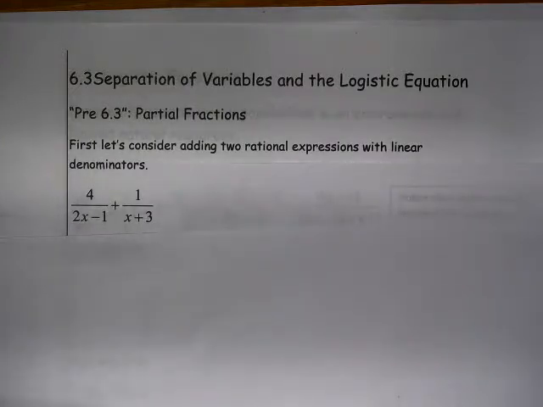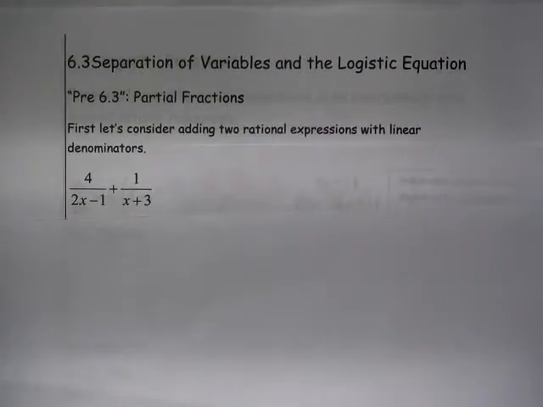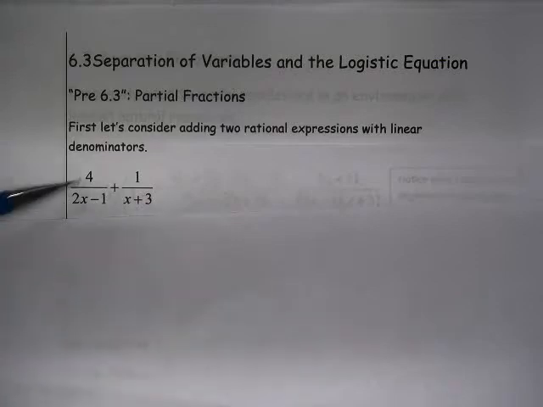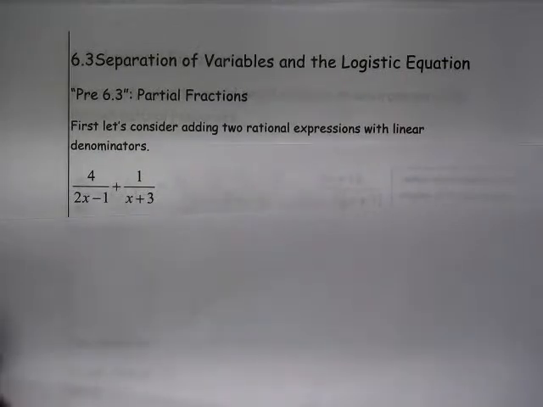They each have a linear denominator, and we want to add them together. So just as a nice review, why don't you pause the video and add these two rational expressions together, simplify the numerator, and see what you get.